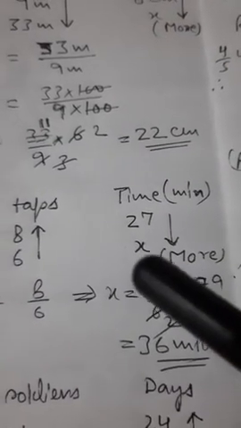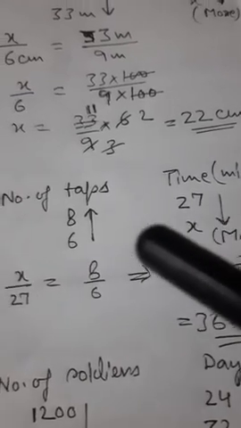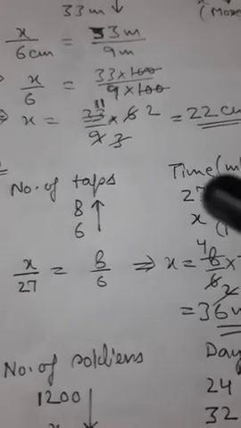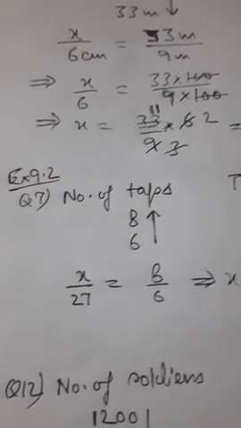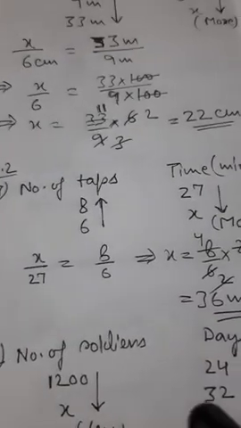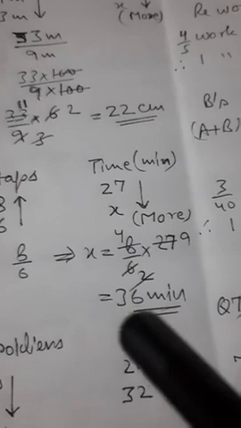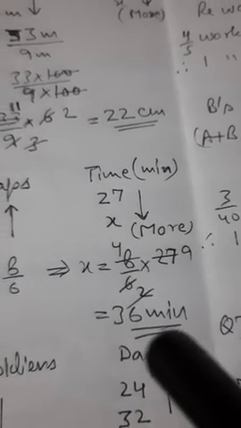What is at head here? x, tail 27, head 8 and tail is 6. x upon 27 equal to 8 upon 6. So we write them in proportional form and we cross multiply to calculate x, and x comes to 36 minutes.